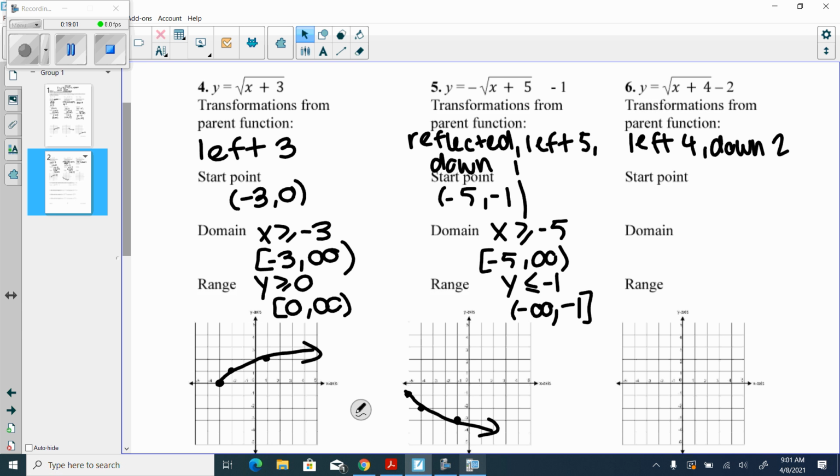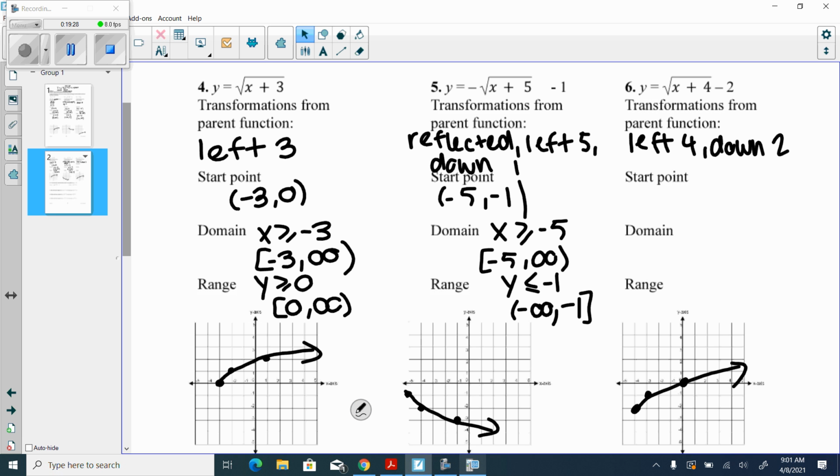Instead of starting at 0, 0, I move left 4, down 2. Now this one hasn't been reflected, so I'll still go over and up for my points. So over 1, up 1, and the other point from the beginning was over 4, up 2. Something like that.